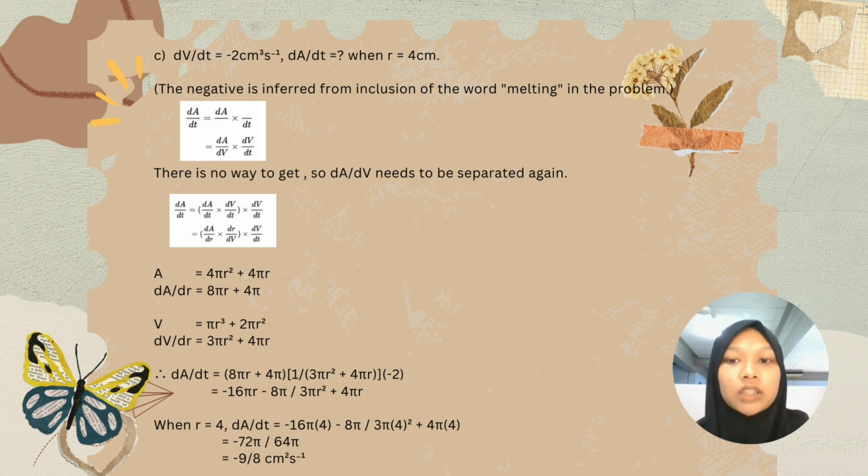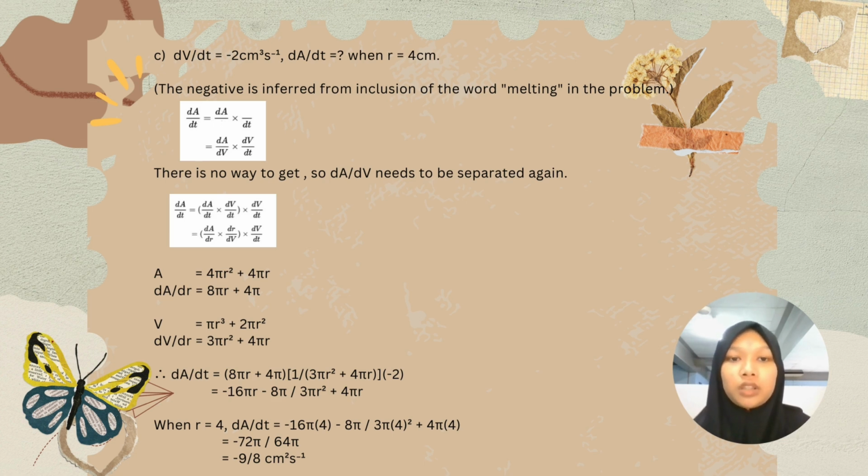So we differentiate it: dV over dr equals 3 pi r squared plus 4 pi r. So we need to substitute the differentiations in the next one, so dA over dr multiplied by dr over dV and dV over dt.